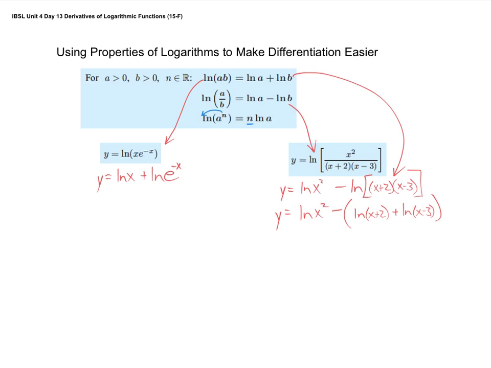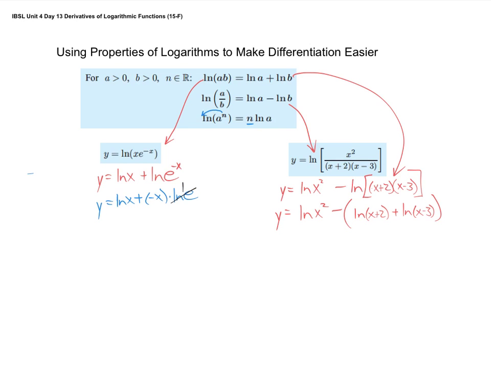So in this first example, I could rewrite y as ln of x plus, I could make that a negative x times the ln of e. Why would I want to do that? What does ln of e equal? 1. Alright? So this is just 1.